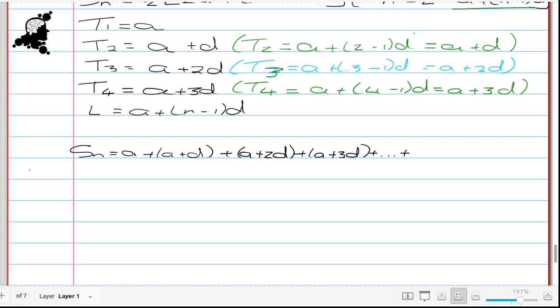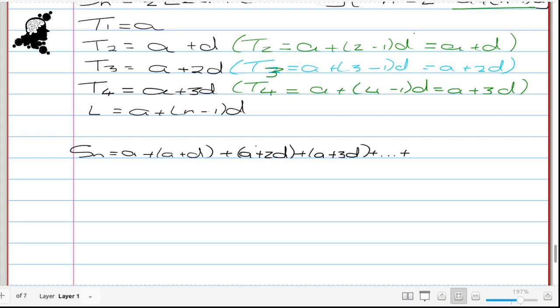Now let's take a look at something here. When we are moving from the first term, we keep on adding the common difference. As we approach the last term, we start subtracting the common difference. This is how I like to think of it. When you're moving from home to school, think of home as your first term. The distance between you and home is increasing.